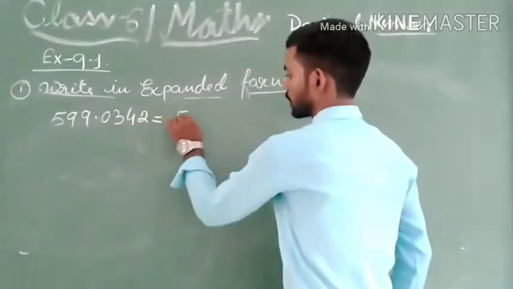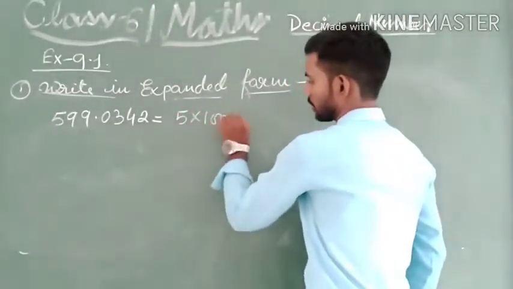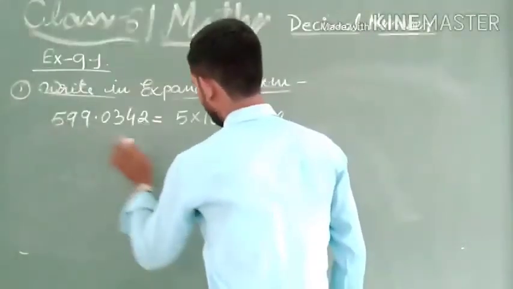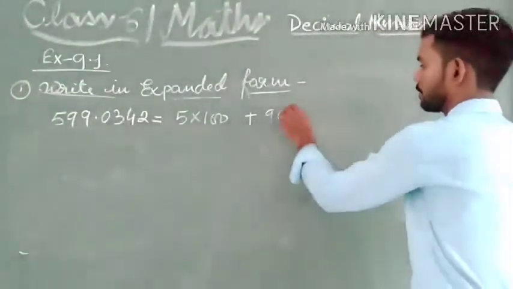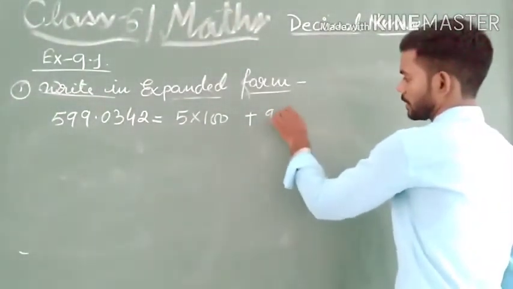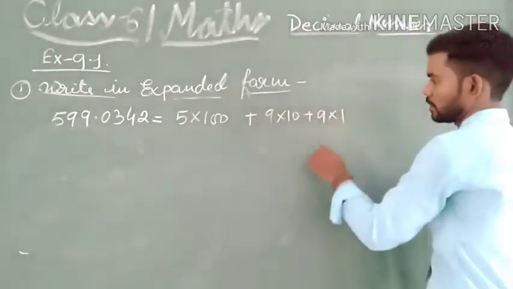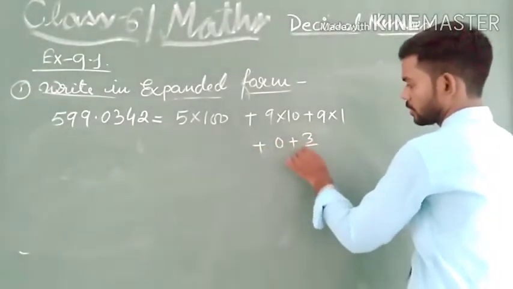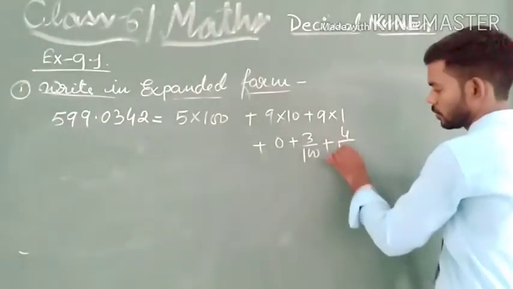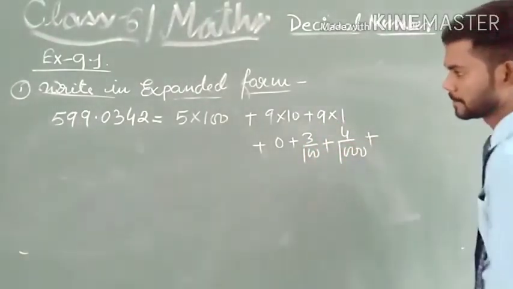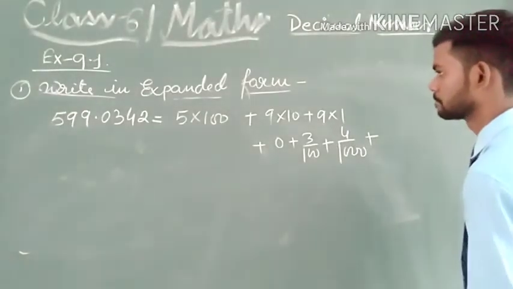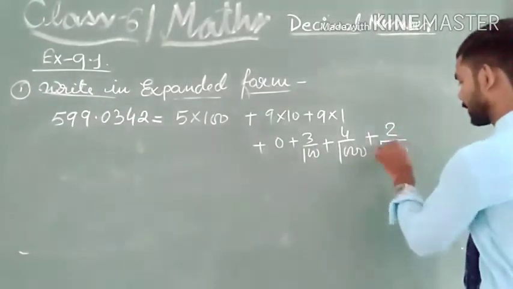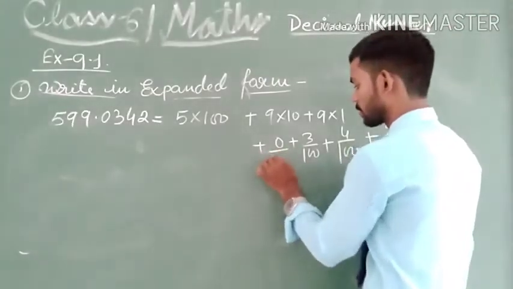The place of 5 is hundreds, therefore it is multiplied by 100, and this 9 is multiplied by 10, and 9 multiplied by 1, again plus 0, plus 3 upon 100, and plus 4 upon 1000, and plus 2 upon 10,000. You can also write 0 upon 10, no problem.